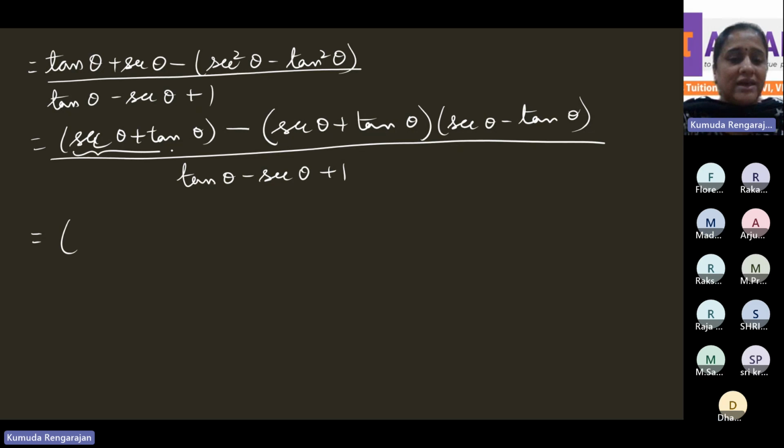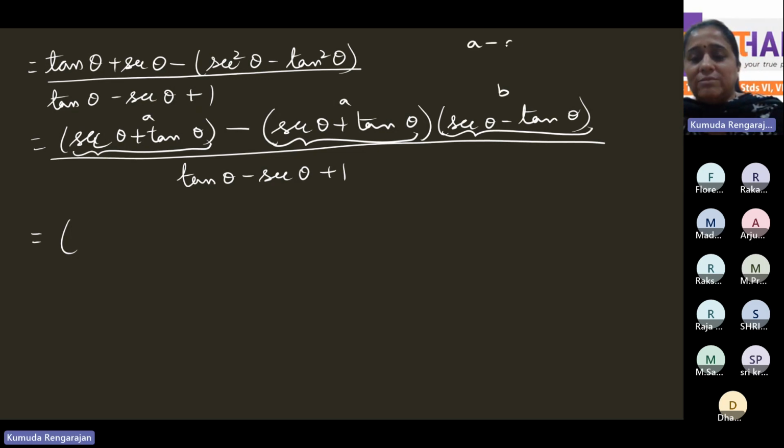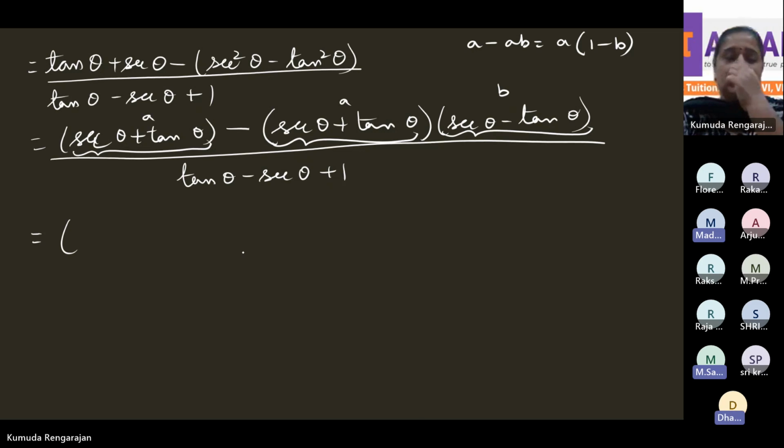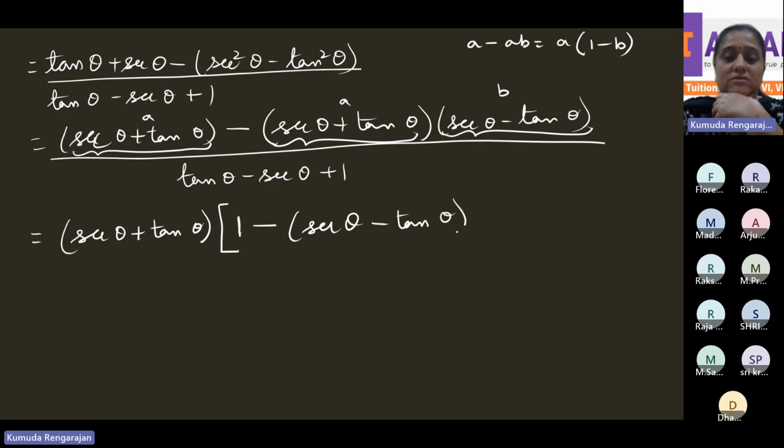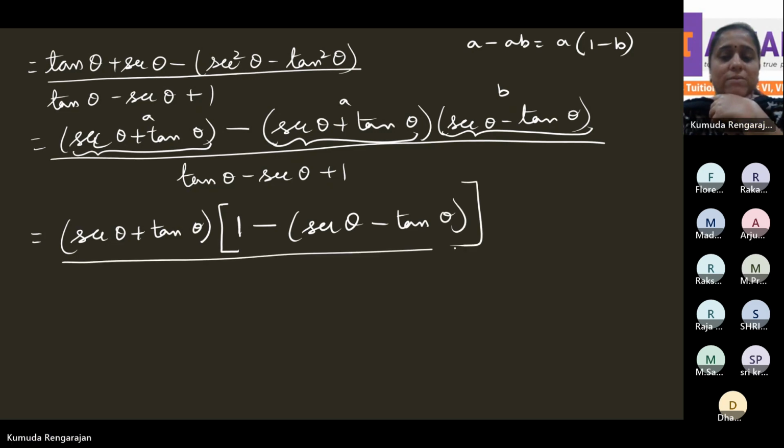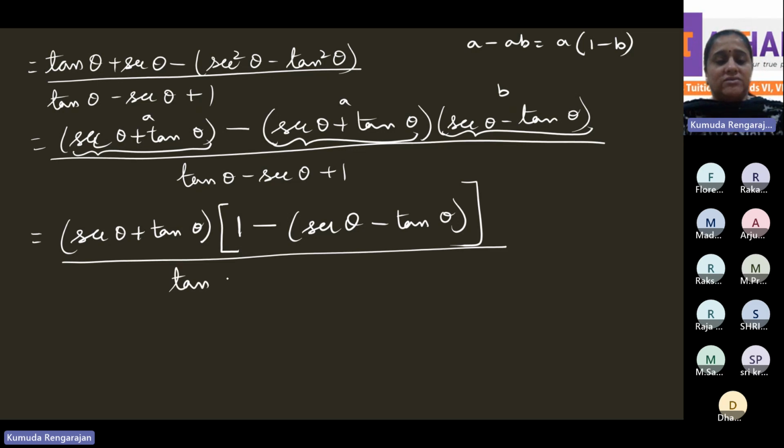So this whole thing is like A, and this is like B. So you have A minus AB, which can be written as A into 1 minus B. Correct, children? Yes, ma'am. So secant theta plus tan theta, this is A, into 1 minus B, secant theta minus tan theta in brackets. You know why that is important. Denominator as it is.